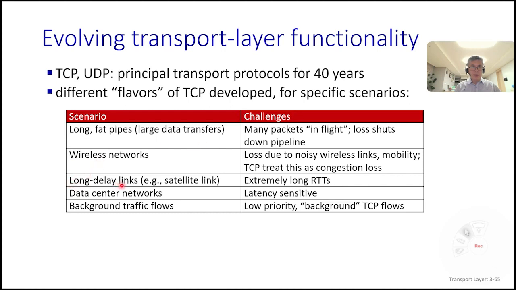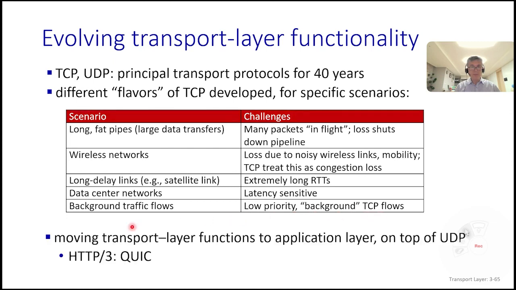And there are long-delay links, like a cellular link, with extremely long RTTs. In the data center network case, it is latency sensitive, with multiple virtualizations and many services solved in real time. And there are background traffic flows, low-priority background TCP flows.